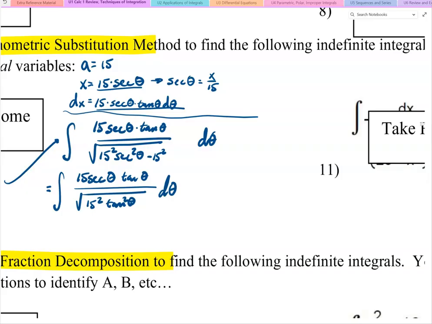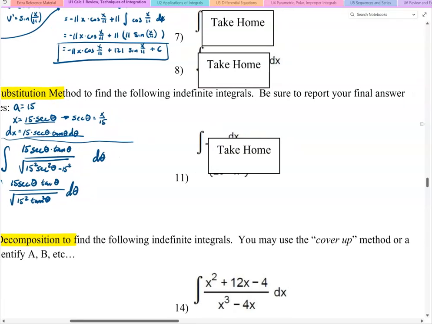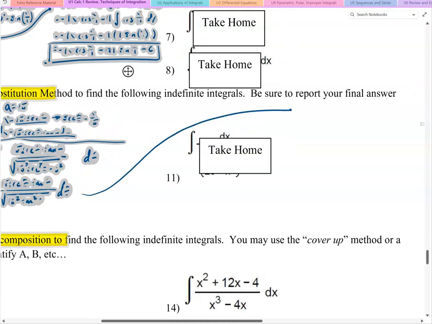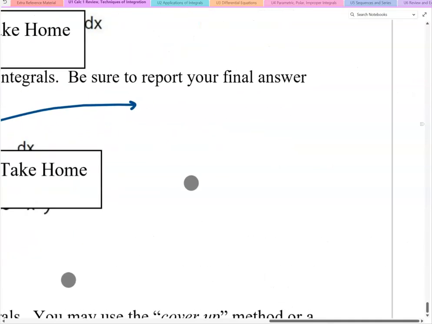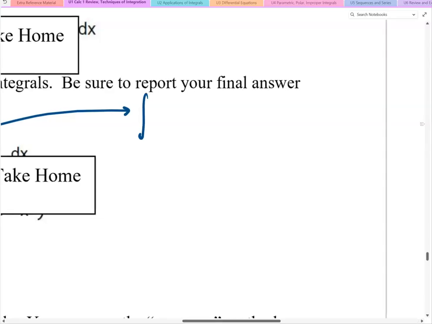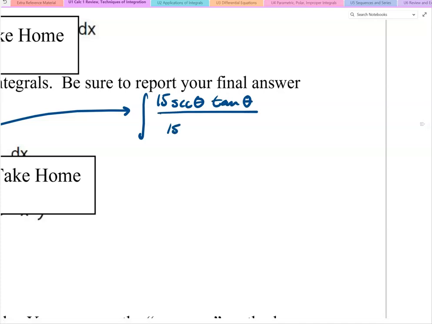But since this square number is underneath a square root, let's see here, I'm going to be running out of room, so I'm going to dive over here. We can now report this as the integral of 15 secant theta tangent theta over 15 tangent theta d theta, with the simplification in the denominator.